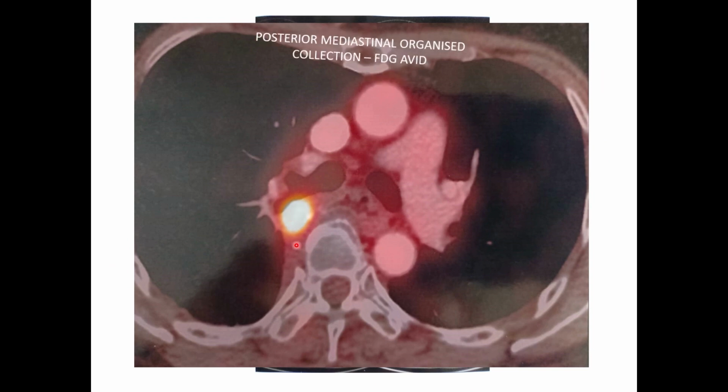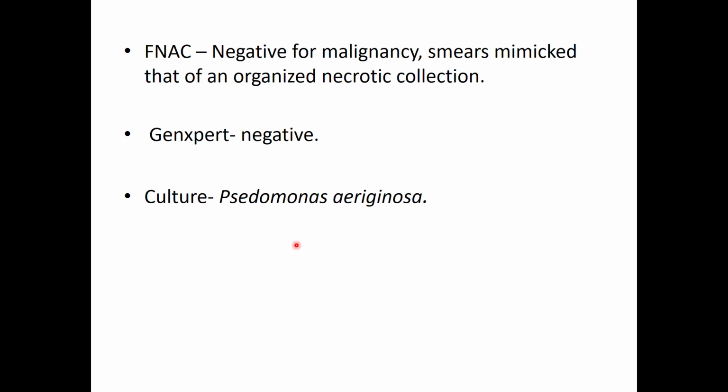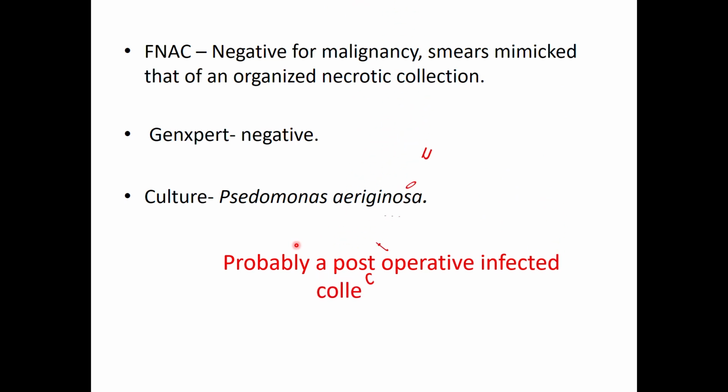Then we opted for the EBUS guided TBNA, and we can see there was a purulent fluid material coming out through that. So, this was probably an abscess, and on culture we found it to be Pseudomonas aeruginosa. So, this is probably a case of post-operative infected collection.